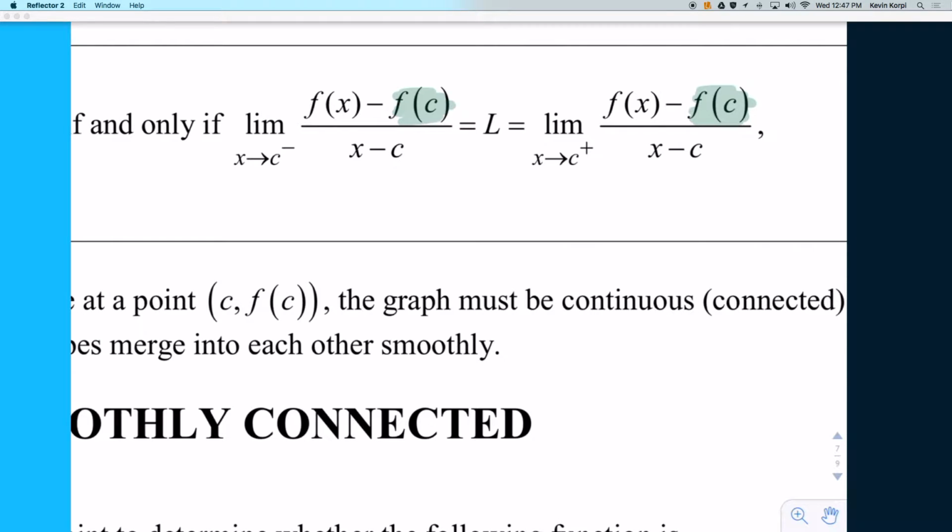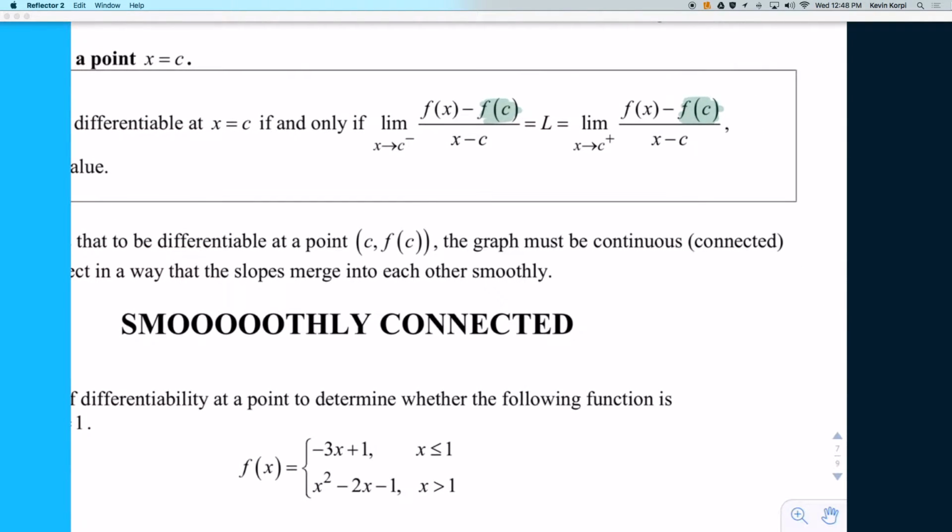So from the left we're using the y value, and from the right we're using the same y value, even though the f of x piece could be different depending if we're coming in from the left or right. It has continuity built into it, okay? And if those are true, then we can say that f prime of c exists, all right, and is L.